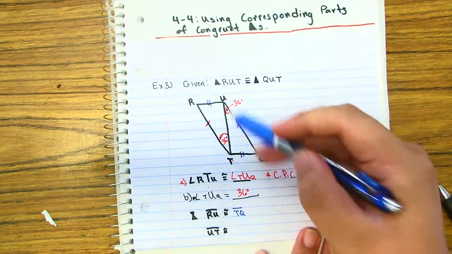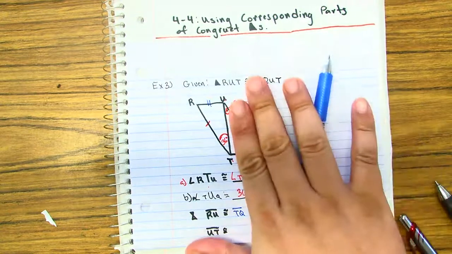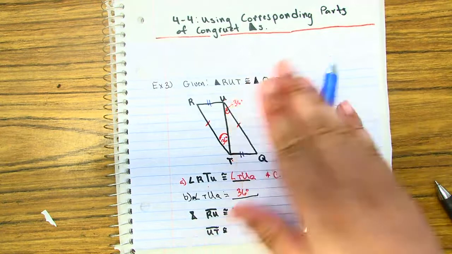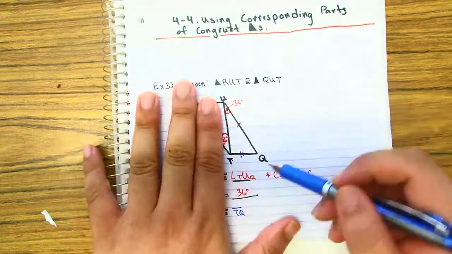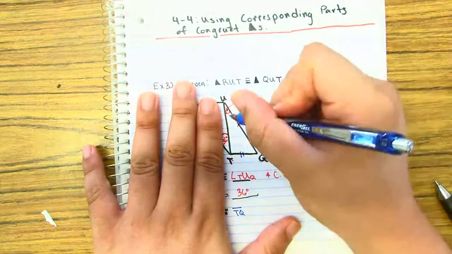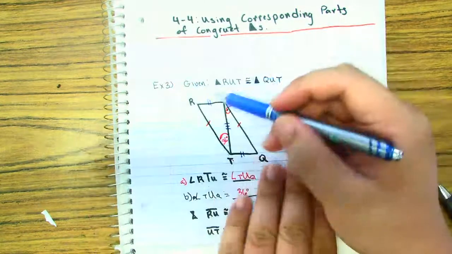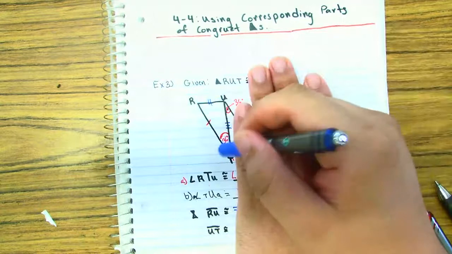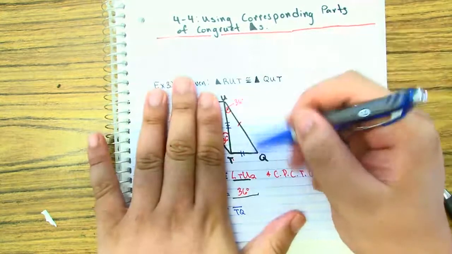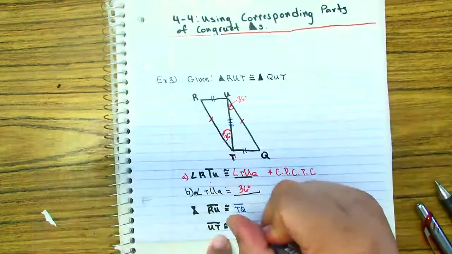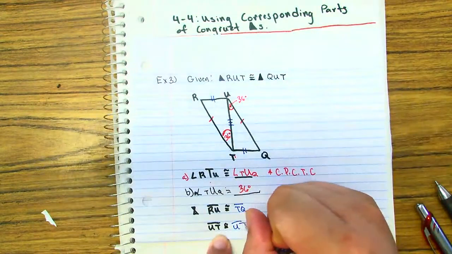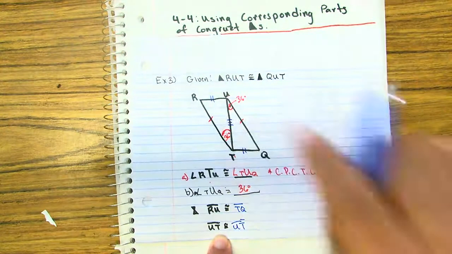UT of RUT is going to be congruent to what segment on the right. Here, they both share the same segment of UT. Then you conclude that the segment UT on triangle number 1 and the segment UT on triangle number 2 are both congruent to itself, right? Because they are sharing the same side.